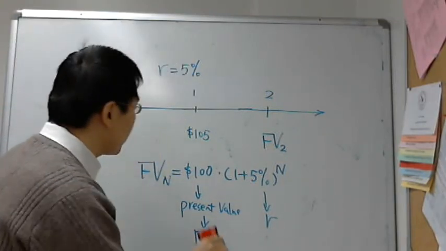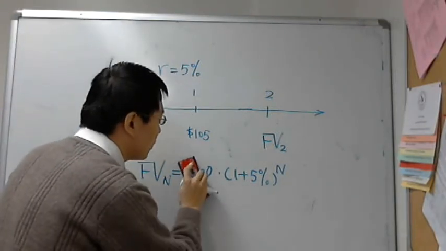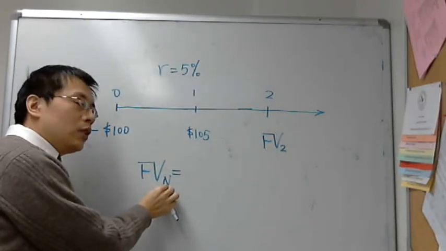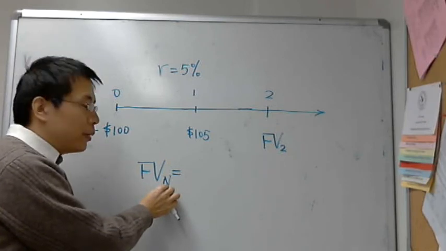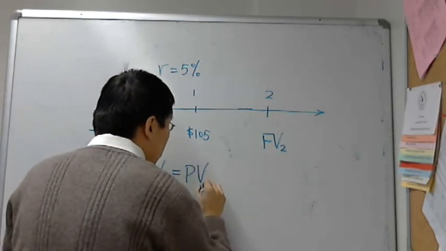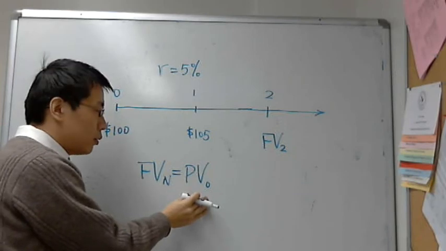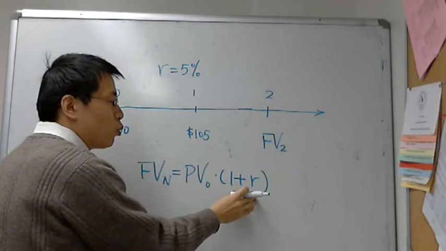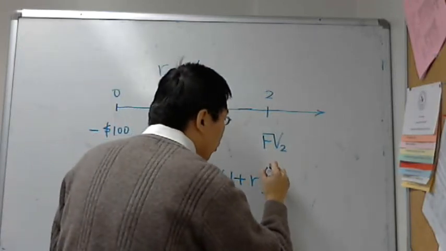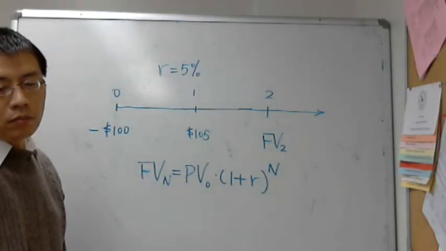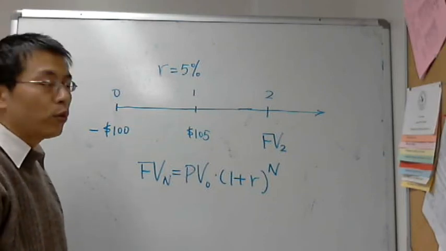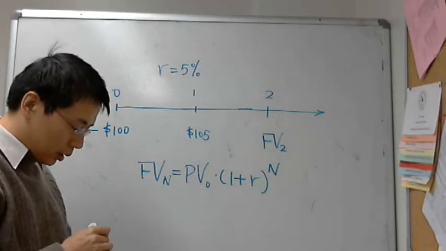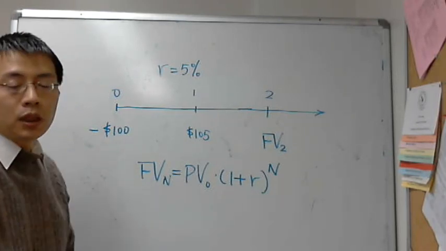So I'm going to replace the numbers with letters. Future value at the end of a future time is going to be the initial deposit, the present value today, times 1 plus the period interest rate raised to the power of n. So this is the formula. So that's how we compute the future value.